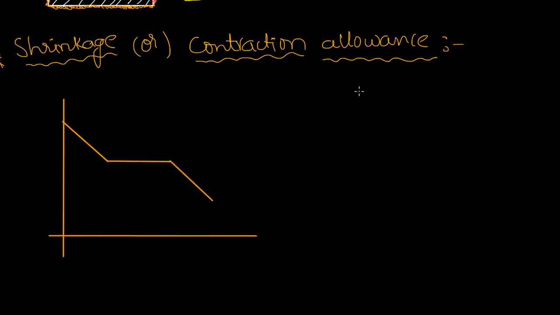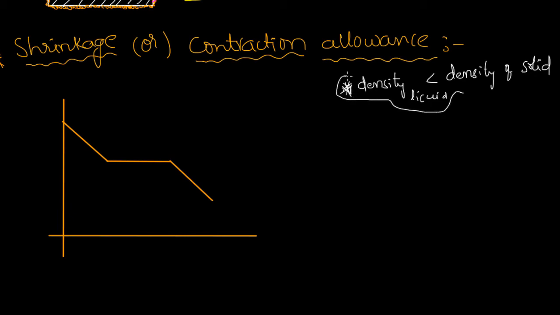We know that the density of liquid is less than the density of solid. Can you agree with that? Right. But this is not the concept. This is not the right explanation here. Somewhat it is correct, but here it will not work. We are dealing with molten metal.